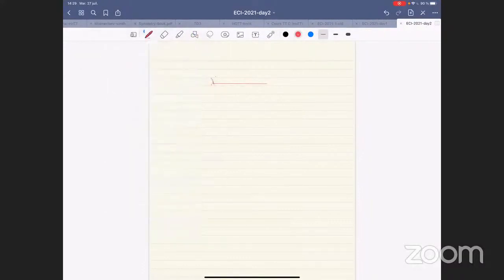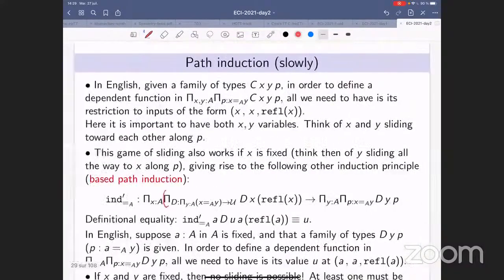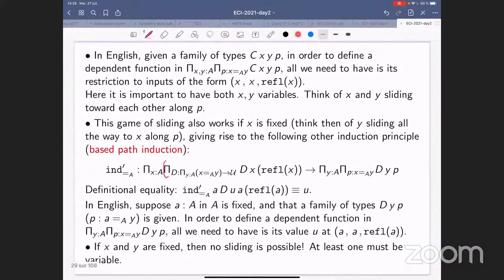I can probably try to deform this path, maybe I will reach this path or this path. But since I don't have the possibility to move one end to the other end, I will certainly never get to the reflexivity. That's why we need at least one of the endpoints of my path to be variable.